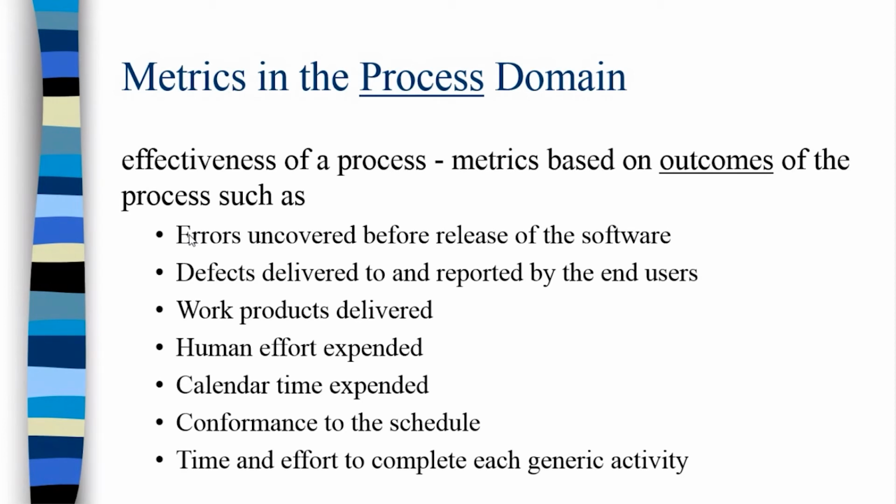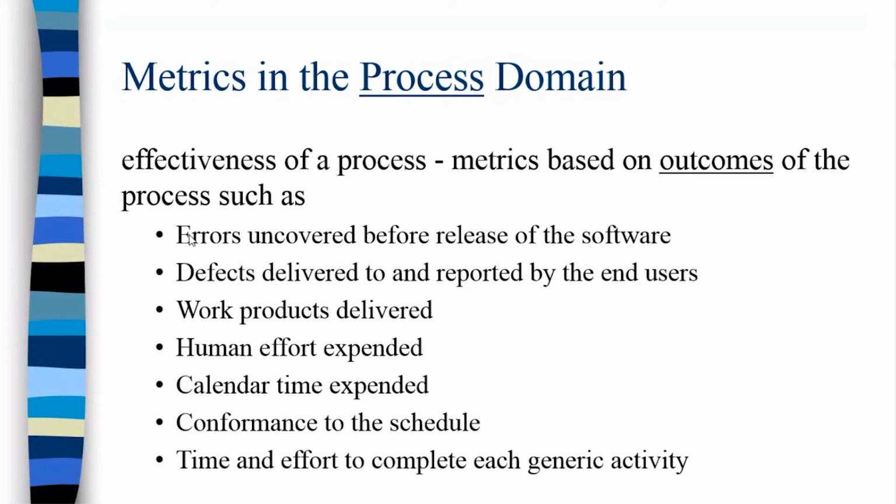The main intention is to provide a set of process indicators that lead to long-term software process improvement. One way by which we can know how we can improve the process is to measure the specific attributes of the process. The main aim behind this is to improve the software process which you are using for your project.